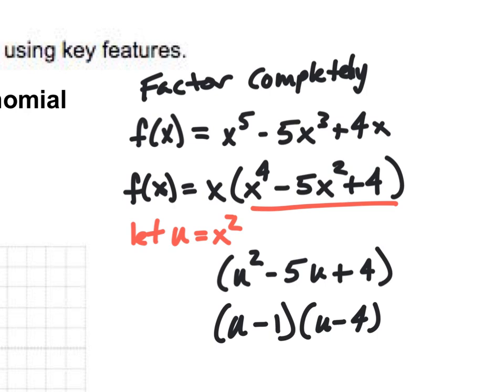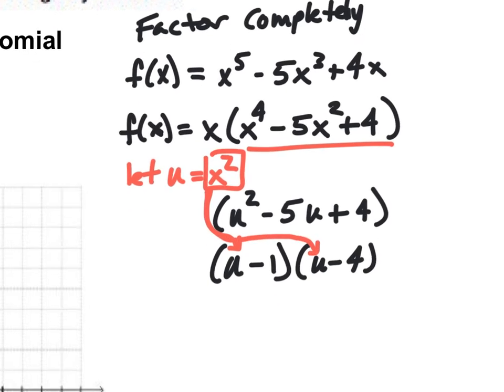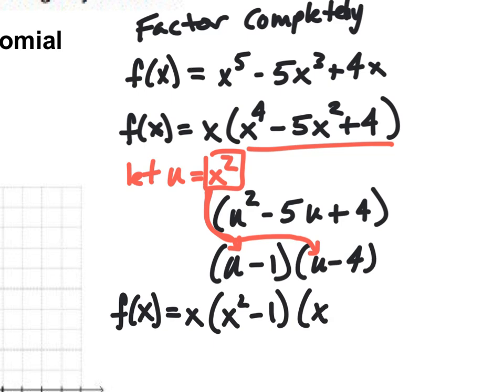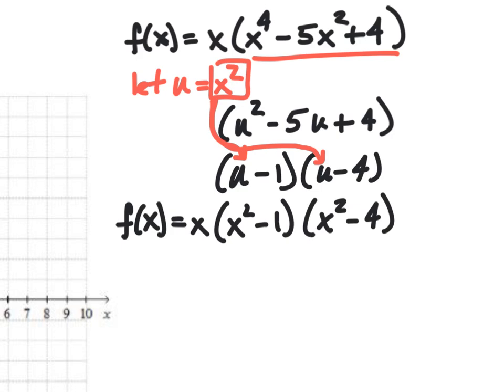And then I'd want to take my x squared value and plug it back into u, okay? And so then you get that f of x is equal to x times x squared minus 1 times x squared minus 4, all right?